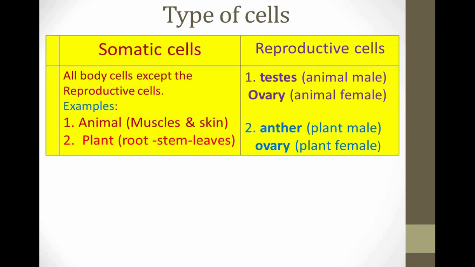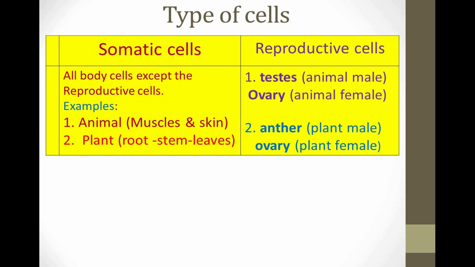Types of cells: somatic cells and reproductive cells. All body cells are called somatic cells except reproductive cells. For example, your body contains muscles, hair, skin, kidney, heart, and so on. These cells are called somatic cells.